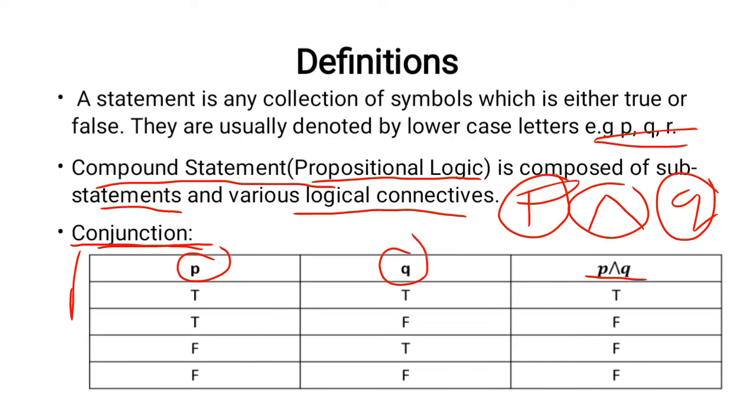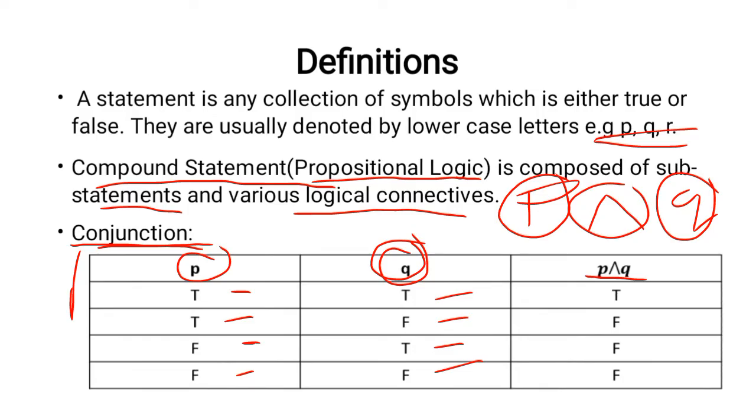When you have two statements, your entries under P are always T, T, F, F, as you can see on the screen. That is true, true, false, false. And under Q, it will always be T, F, T, F. Always.